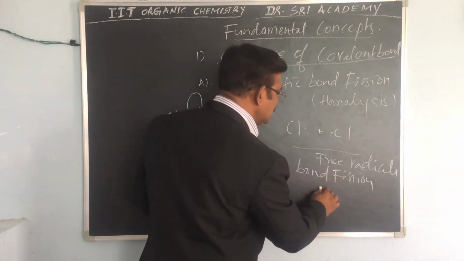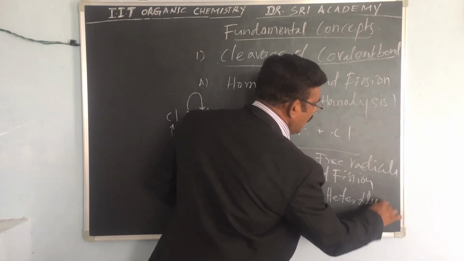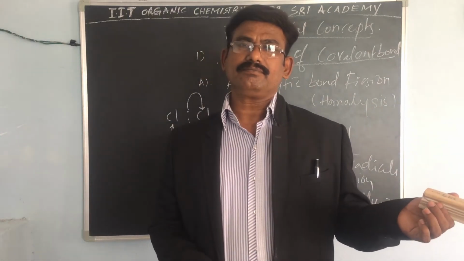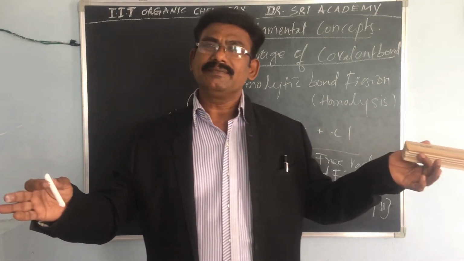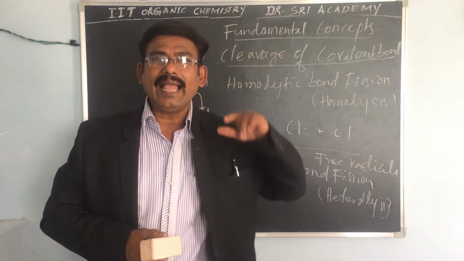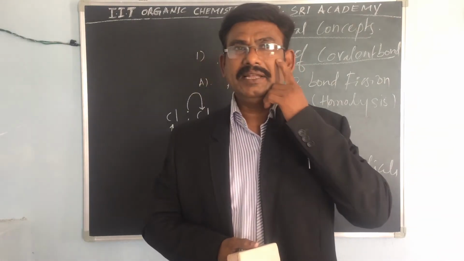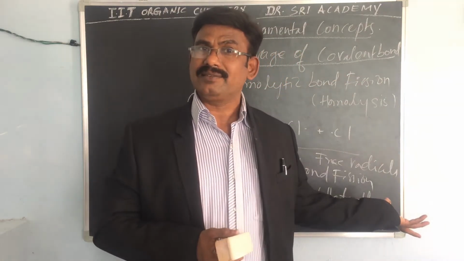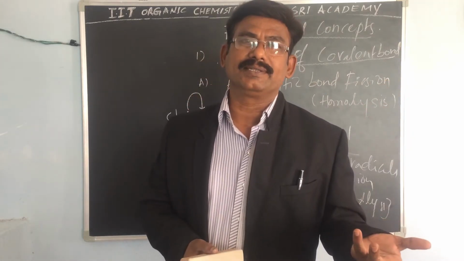What happens here? The covalent bond is cleaved and it leads to the formation of a cation and an anion. It means one species is deprived of its own electron and the other species gains both the electrons.